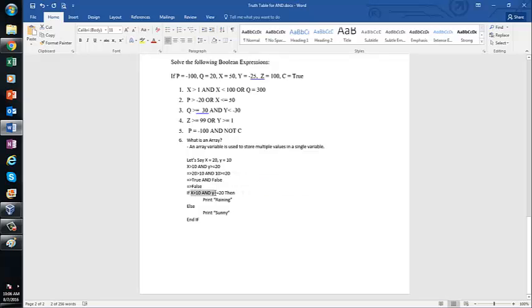If this condition is not true, then this block will be executed. We know the result of this expression is false. So it will be printing what? It will be printing sunny, right? Are we clear about this?